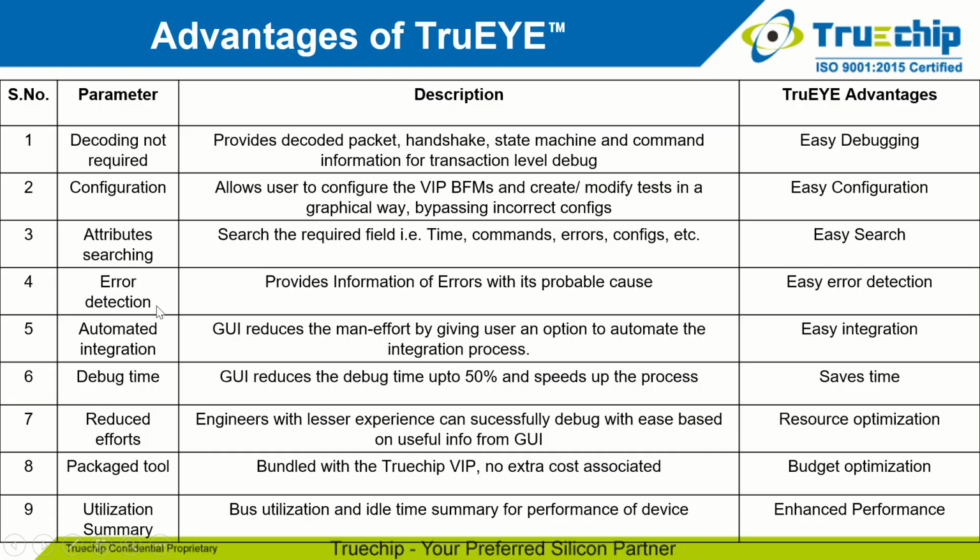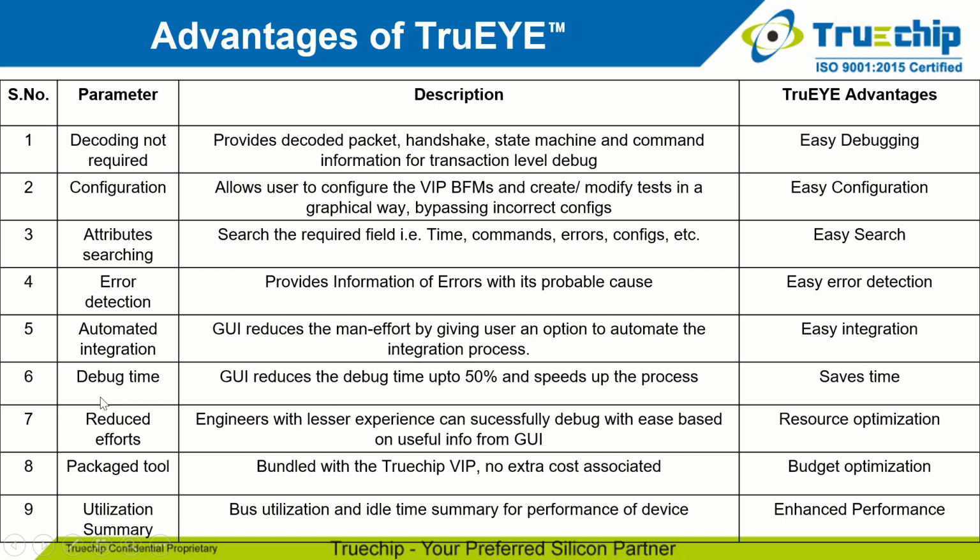Fourth is error detection. Provides information on errors with their probable cause. Its key advantage is easy error detection. Fifth is automated integration. The GUI reduces the main efforts by giving the user an option to automate the integration process. Its key advantage is easy integration.